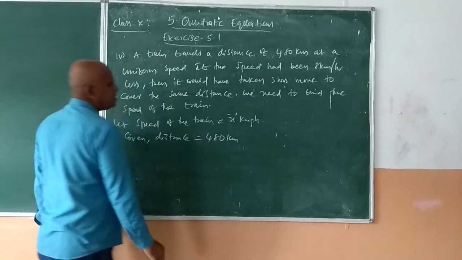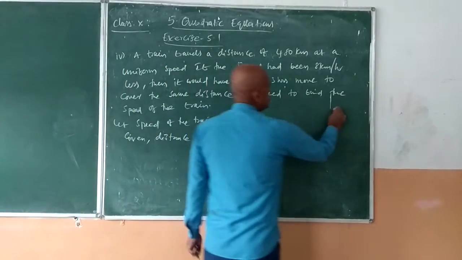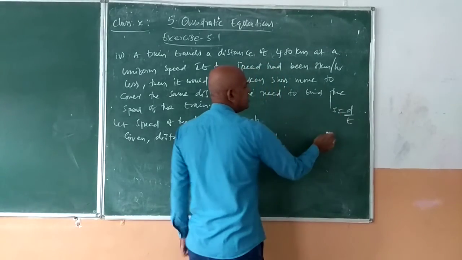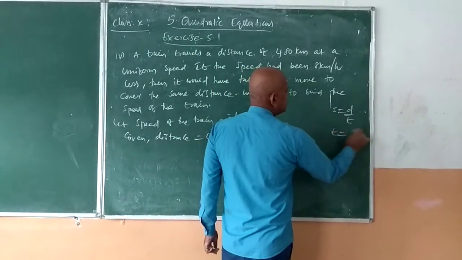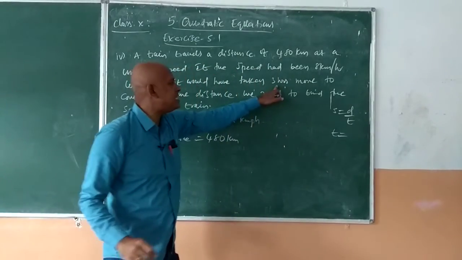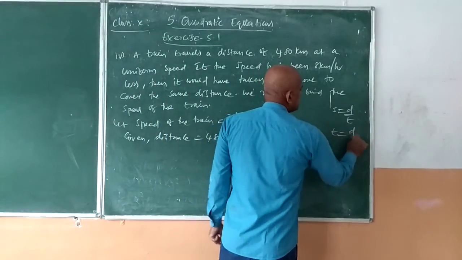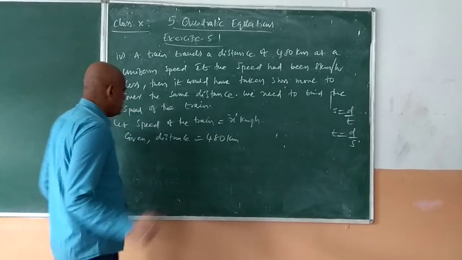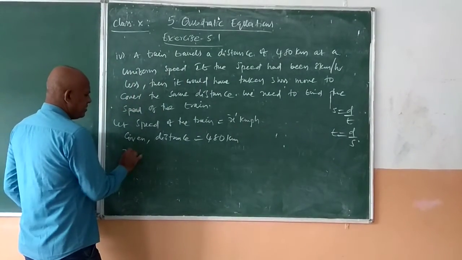So we have the concept here: speed is equal to distance by time. They have given the speed and distance, and they have given the difference in time as 3 hours, so time is equal to distance by speed. So now, the difference in time.